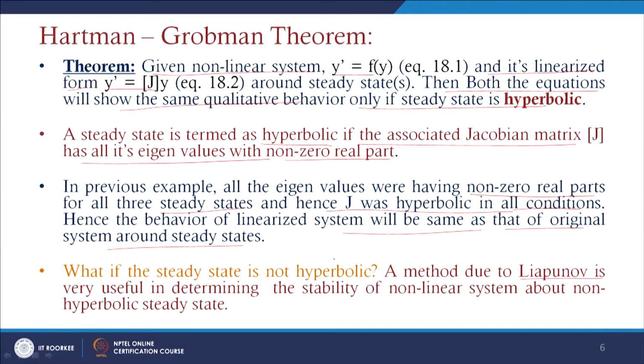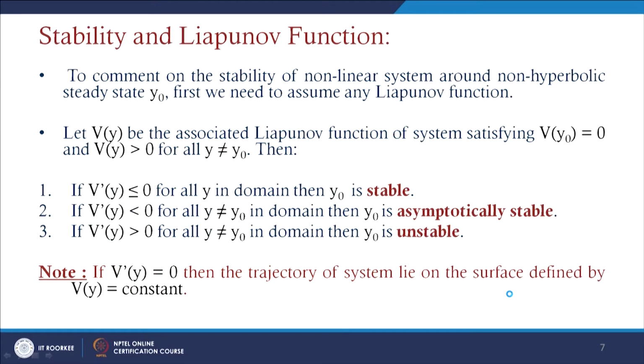The question arises: if the steady state is not hyperbolic, then what can we say? For that, a method due to Lyapunov is very useful in determining the stability of a nonlinear system about non-hyperbolic steady states. With the Lyapunov function, we have to comment on the stability of a nonlinear system around a non-hyperbolic steady state y 0.